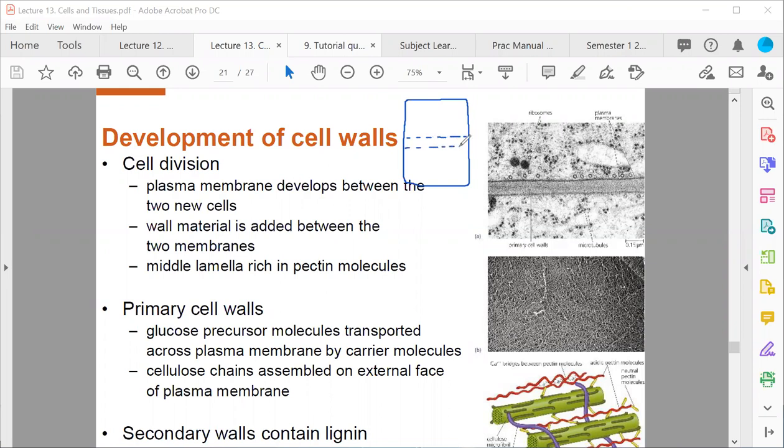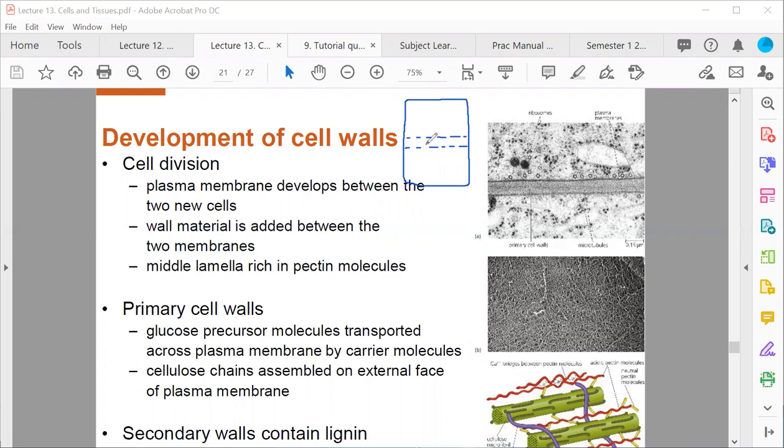Two new regions of plasma membrane start to form, because this one cell here is going to divide into two new cells. So first the new plasma membranes form, and then the new cell wall material is going to be formed to the inside there, in between the plasma membranes.